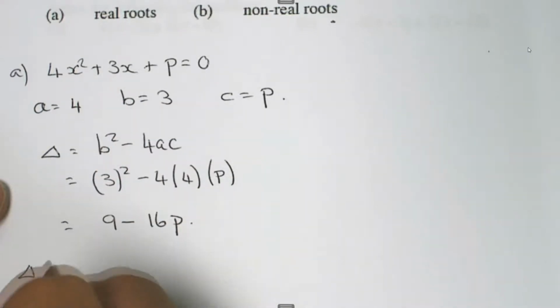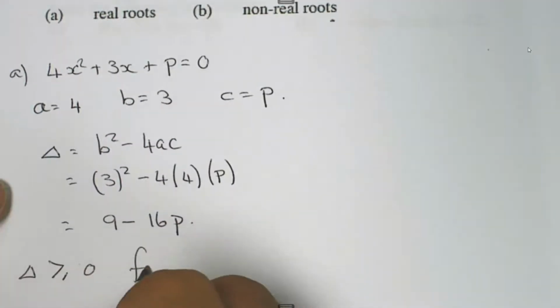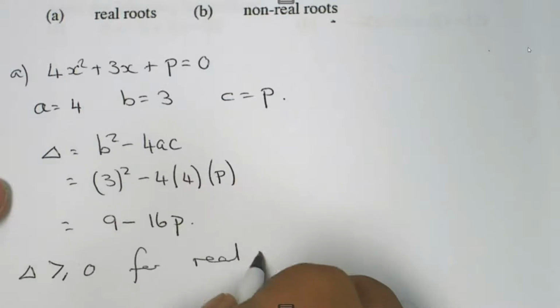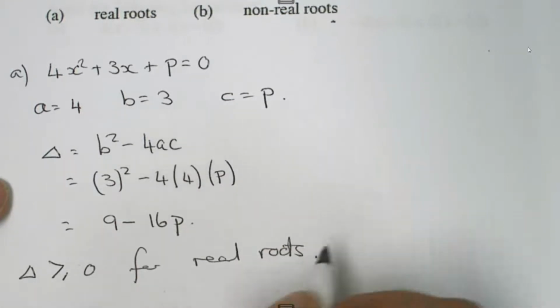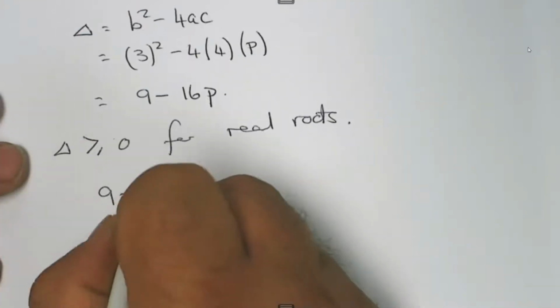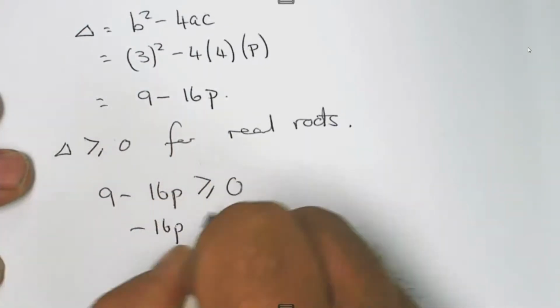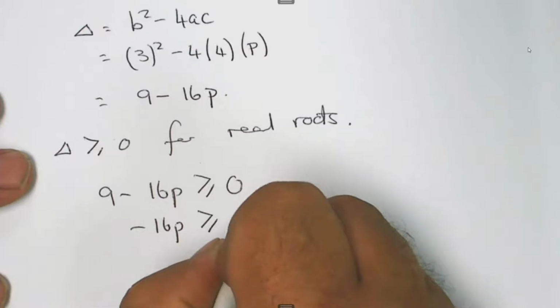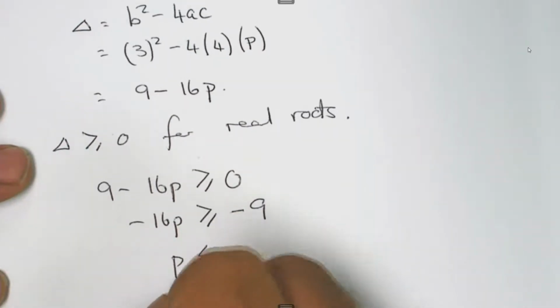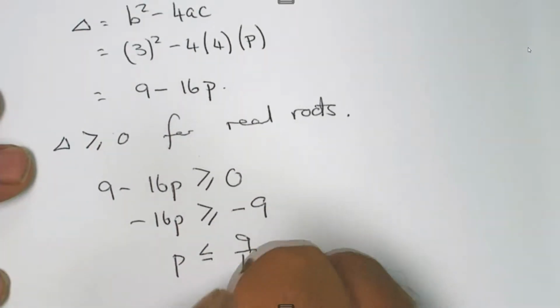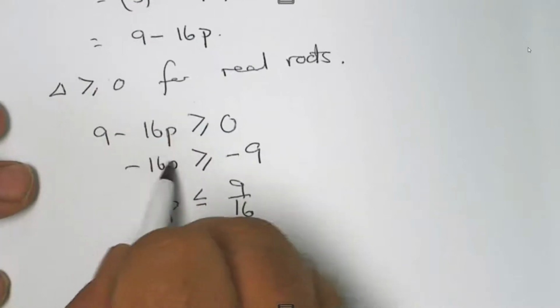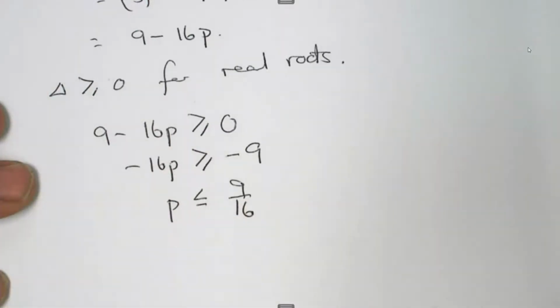Delta is greater or equal to 0 for real roots. So 9 minus 16p is greater or equal to 0. Negative 16p is greater or equal to negative 9. So p is less or equal to 9 over 16. When you divide by a negative number, you change the sign of the inequality.